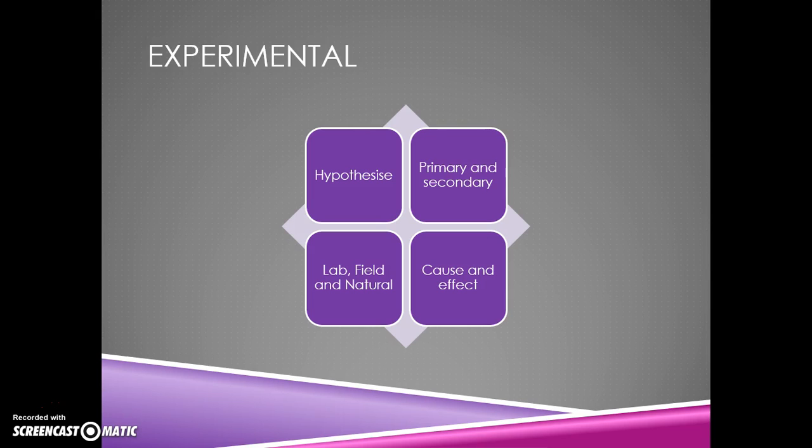So you could have it either in a lab, which would be where you controlled all of the variables, or field, where each time that you do it, the independent variable changes, and natural, where you don't control any of the variables, so you'd be affected by the environment, the weather, things like that. So this might determine the outcome of your tests or have an effect on it.